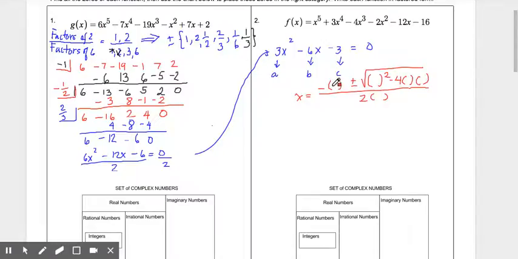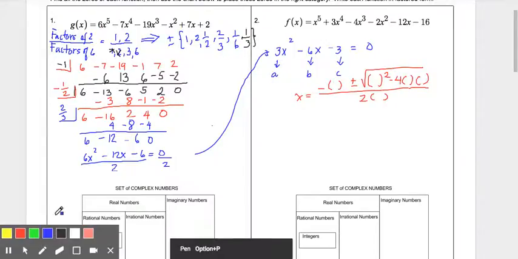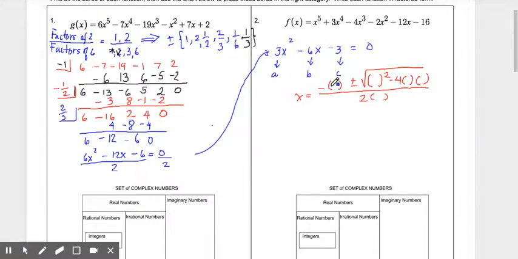B is negative 6. A is 3. And C is negative 3.